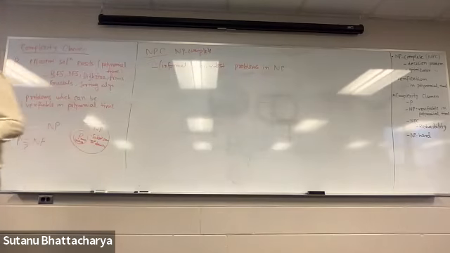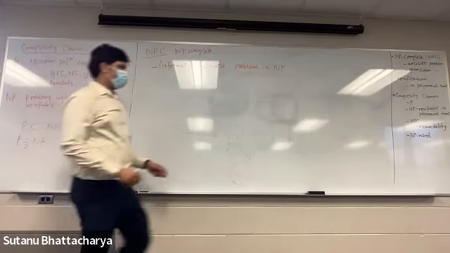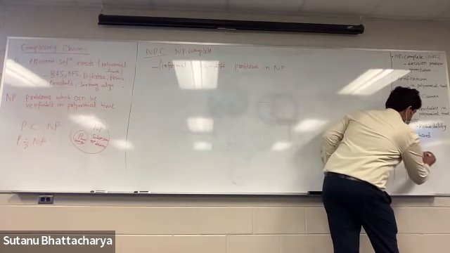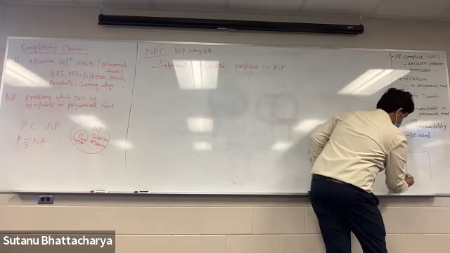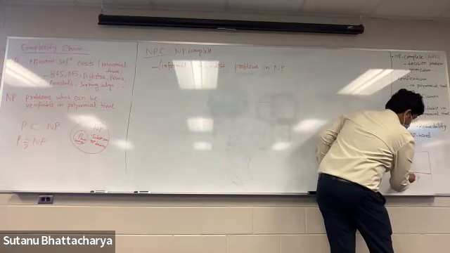NP complete are those problems which come under the NP class, and they are the hardest problems. So if we draw a graph like this, and this is your hardness, then P comes in the bottom part.